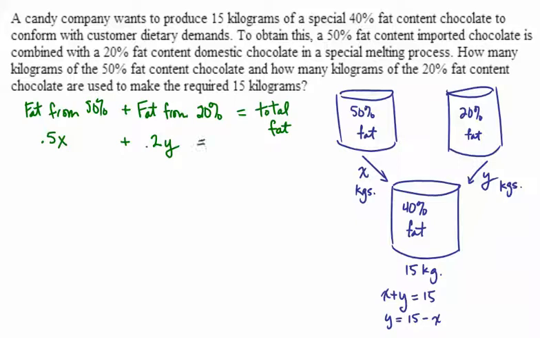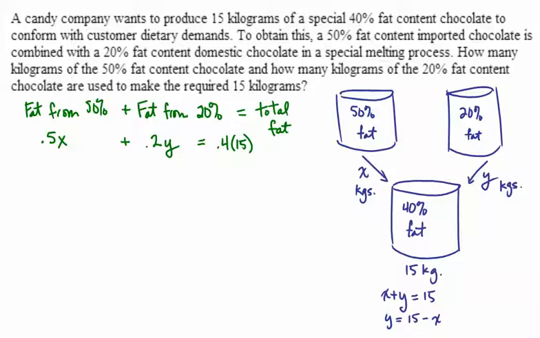And finally, in the end, we're not told specifically what the final fat content is, but we know that it's 40%, and we know that in the end we have 15 kilograms. So we're going to end up with half of the chocolate brought in from the 50% fat content, 20% or 1/5 of the chocolate is fat from the second vat, and the total is going to be 0.4 times 15.